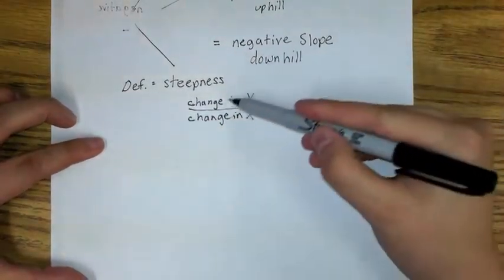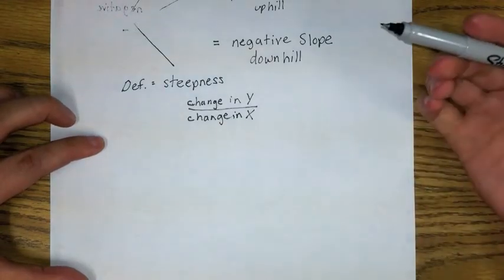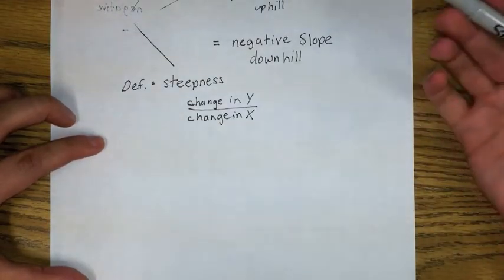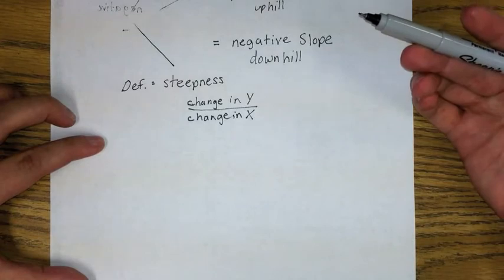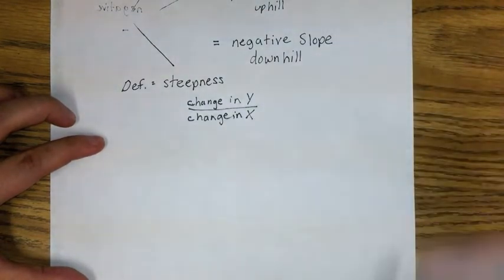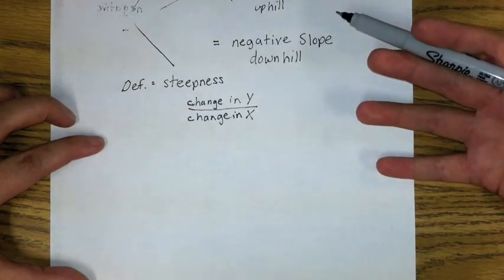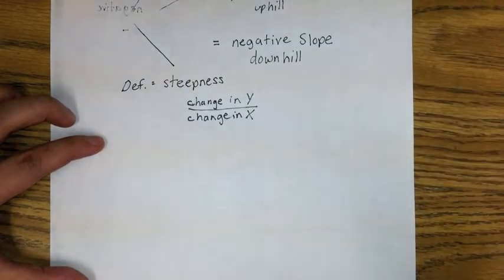You're probably wondering, why am I saying change in y over change in x? Well, we need to know like a distance. So we're actually subtracting our x values. We need to know how far we are moving from something, and how we figure that out is we're going to have to subtract. We need to find the difference. So this is going to tell us in a specific number how steep our line is.